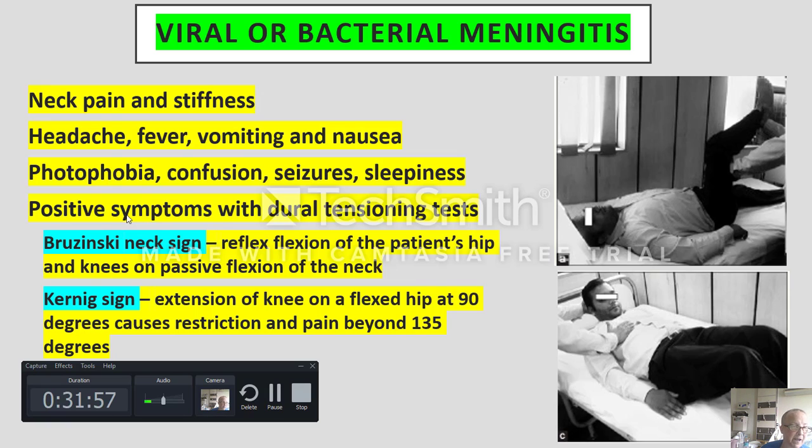The Brudzinski neck sign is the reflex flexion of the patient's hips and knees on passive flexion of the neck. Kernig's sign is extension of the knee on a flexed hip at 90 degrees, causing restriction and pain beyond 135 degrees.